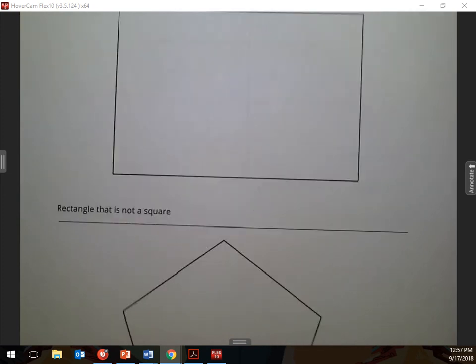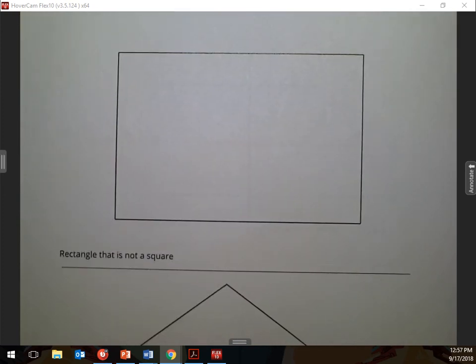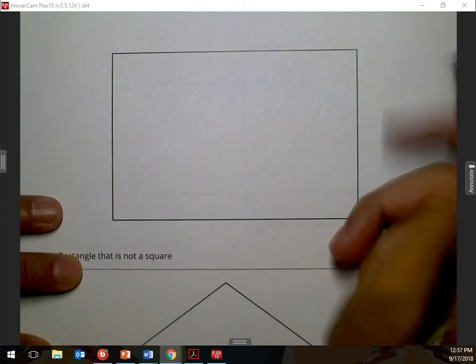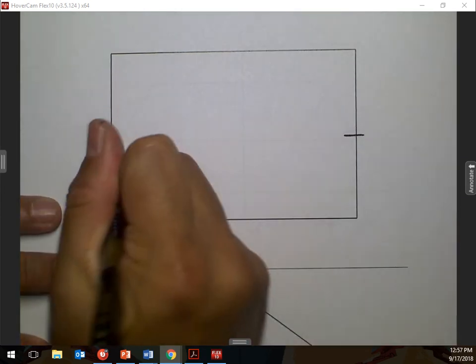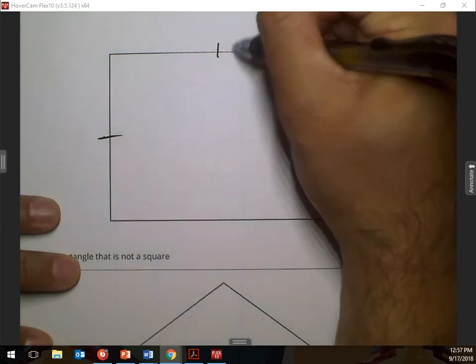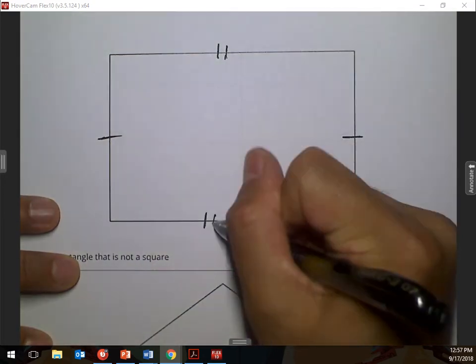Okay, this one is specific. It says rectangle, not a square. What do we know about a rectangle? It's not a square. 2 equal sides, very good. Up and downs, these 2 are congruent, right?